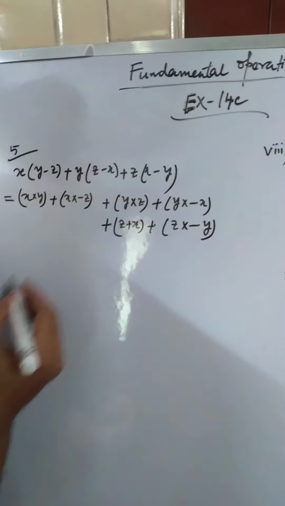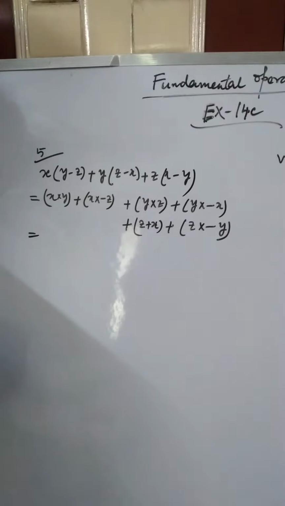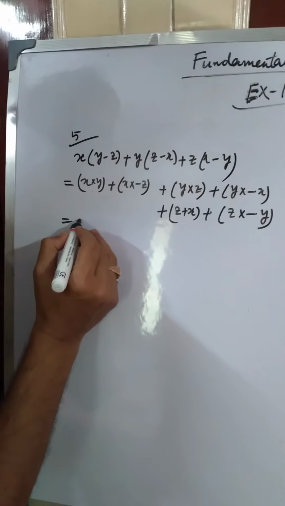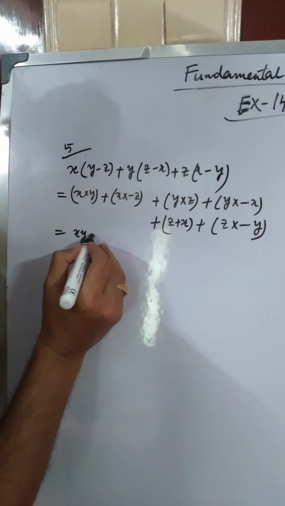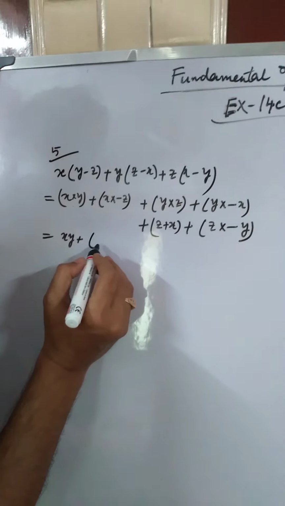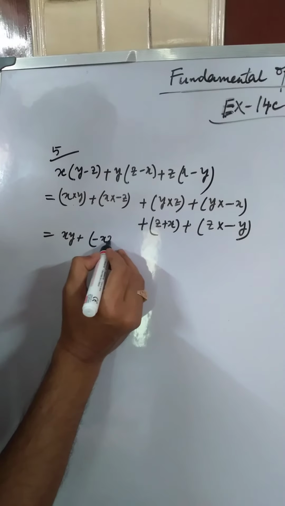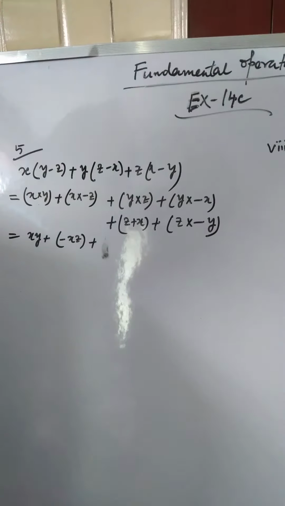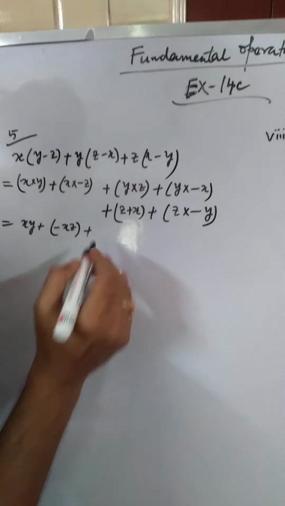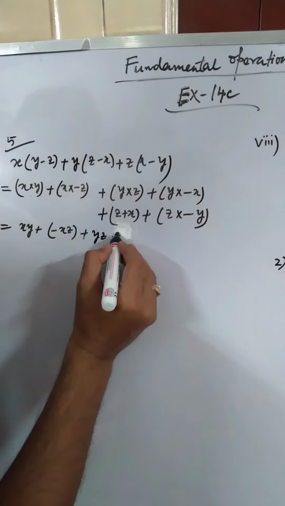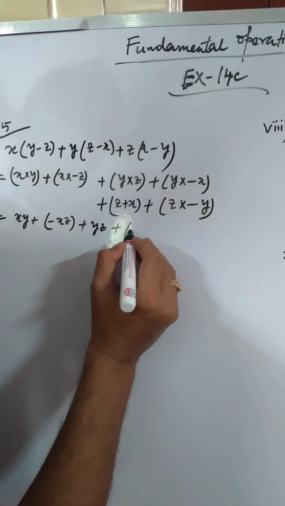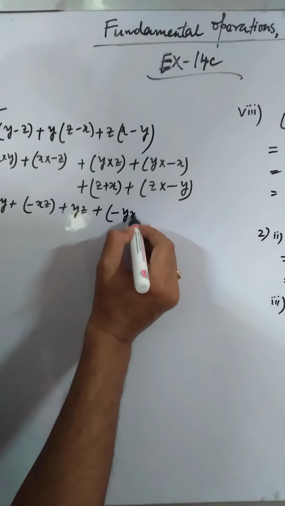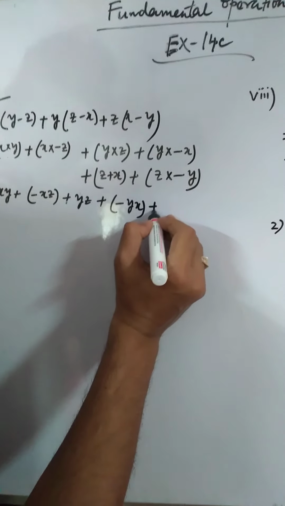I am following the same rule. You may do it in a different way, but the answer should be the same. Now x into y, xy, plus x into minus z, minus xz, plus y into z, that is yz, plus y into minus x, then that is minus yx or minus xy. Both are correct.